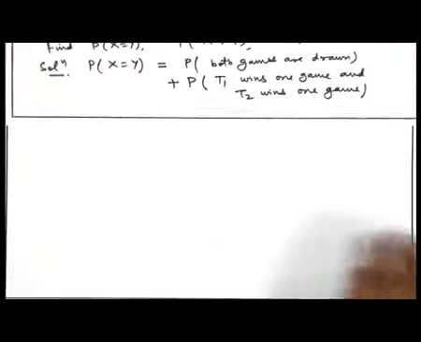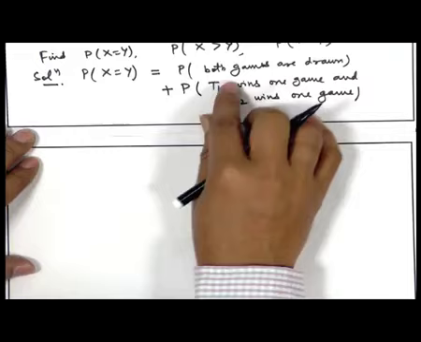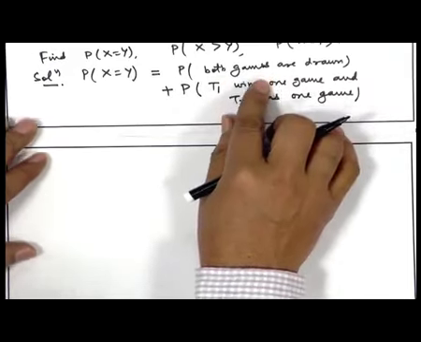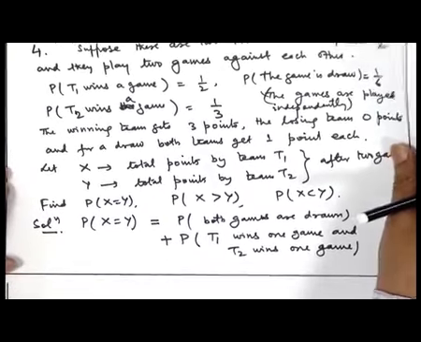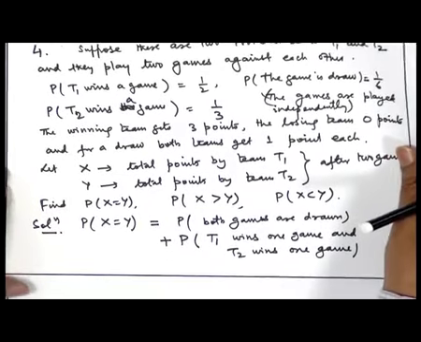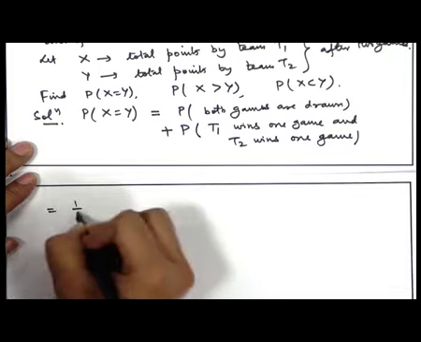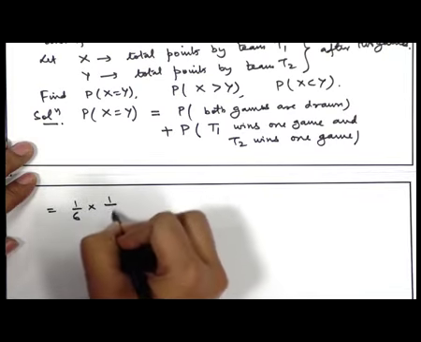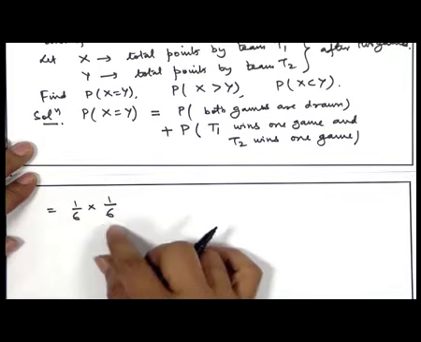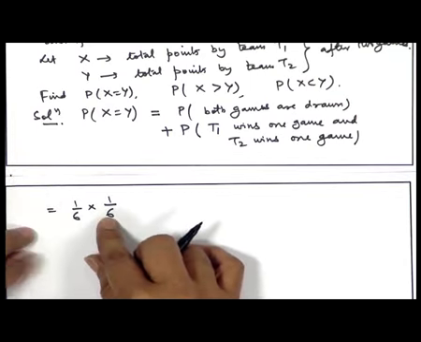So, in that case, let us calculate this probability. Both the games are drawn. So, the probability of a draw is 1 by 6, and in the second game also the same outcome, so 1 by 6. Here I have made use of the independence.